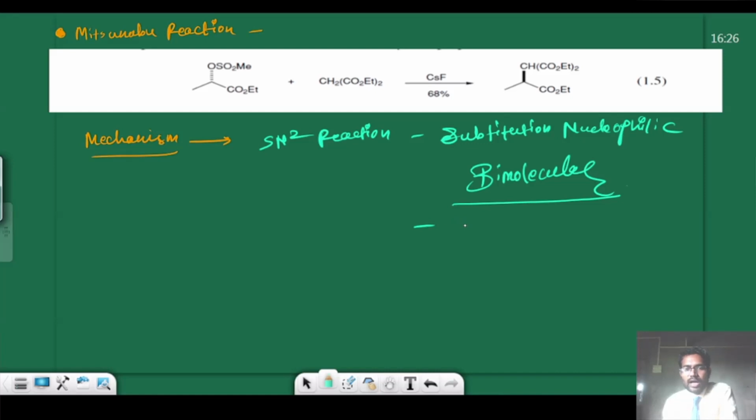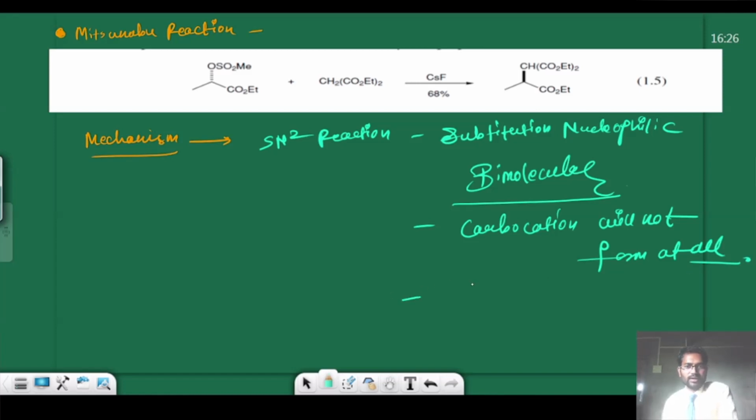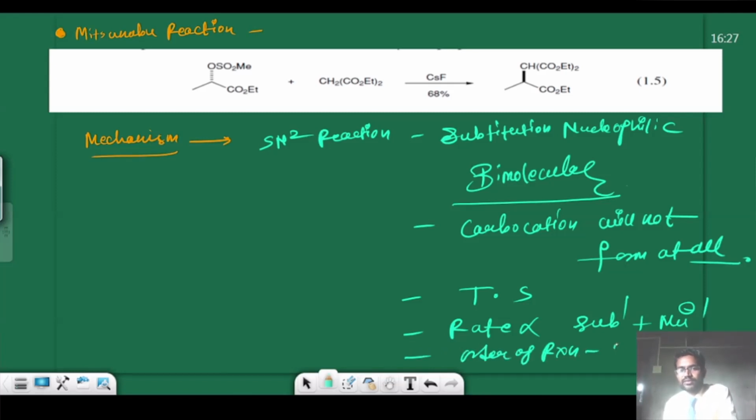Here carbocation will not form at all. This reaction takes place through a transition state. The rate is directly proportional to the substrate as well as the nucleophile, so the order of reaction is 2.